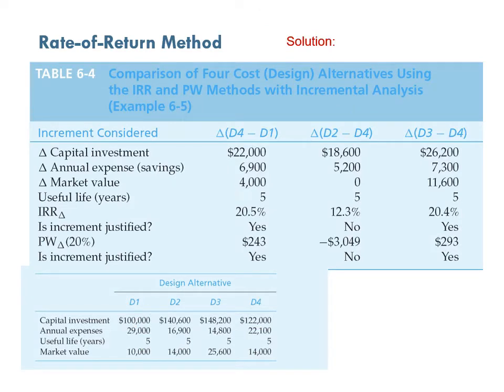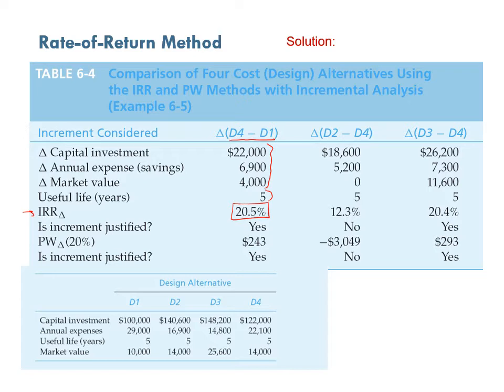So when we do it for D4 minus D1, as we said, these are the cash flows, the useful life is still 5 years, and when we find the rate of return, we find it to be 20.5. Remember, in this example, the MAR was given at 20%.